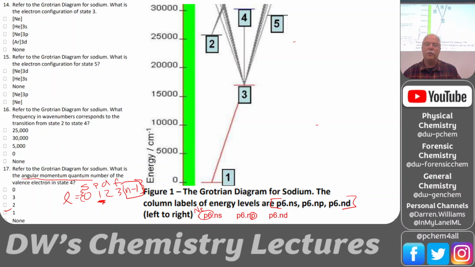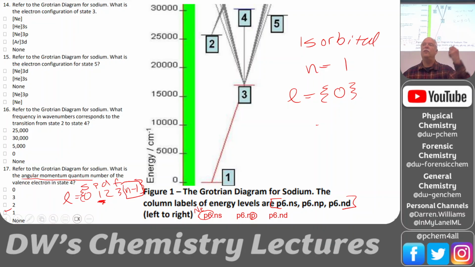So for a 1s orbital, n is equal to 1. And so l, the full set, starts at 0 and goes all the way up to n minus 1, and n minus 1 is 0. So we can only have an s orbital for the first shell. That's why there's no 1p's.